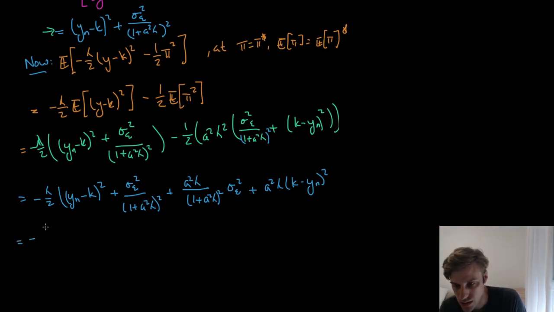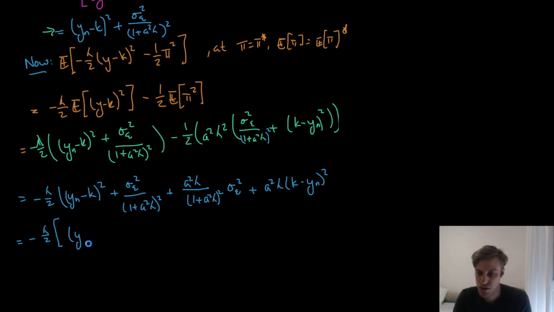So I get minus lambda over 2. I'll use a square bracket for the big outside one. yn minus k squared. Let's write the coefficient first, I'm sorry. So bracket.